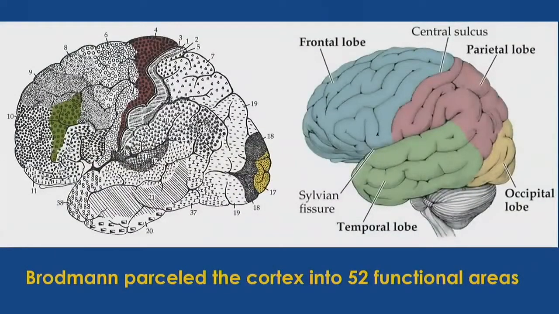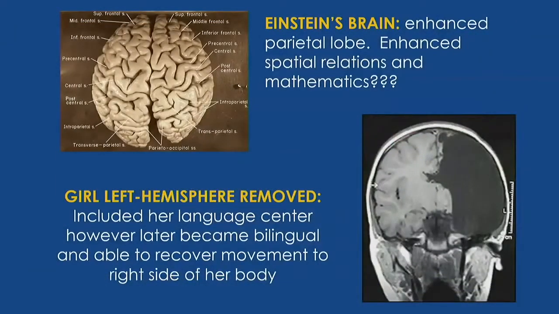Okay. So Brodmann basically parceled the cerebral cortex with little microscopic slides, and they were able to pinpoint certain areas in the brain that are very precise in a particular function, like speech and sensory and so forth. But what we're learning more about the brain is that it can really reorganize. So we have Einstein's brain, and as you can see, he has a very enhanced parietal lobe. So it shows that he has enhanced spatial and mathematic capabilities, which totally makes sense.